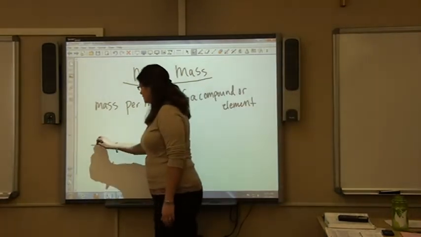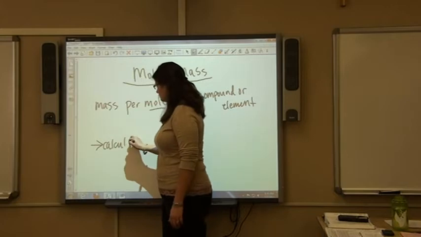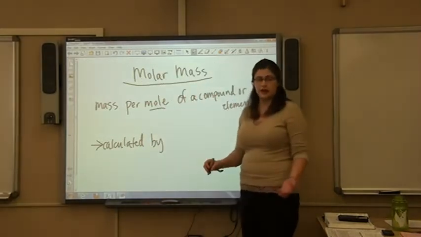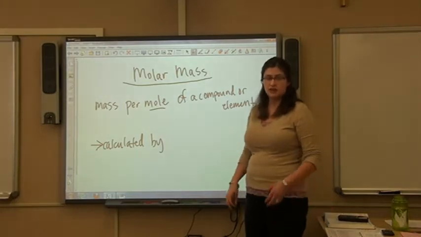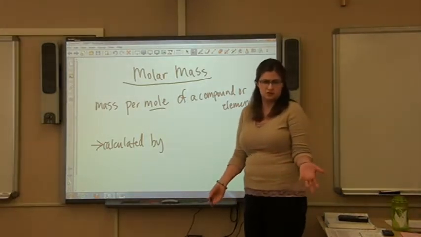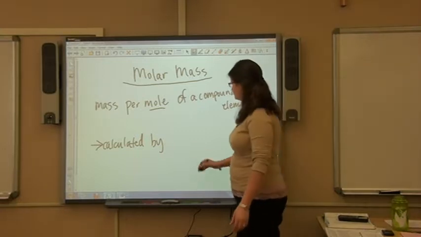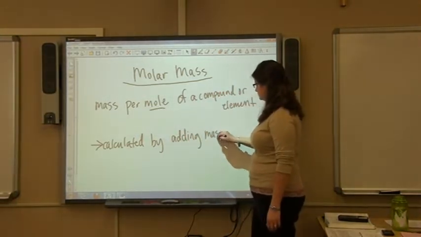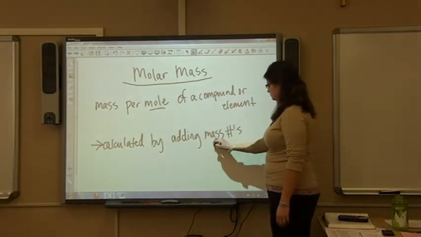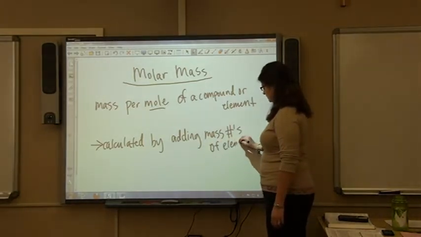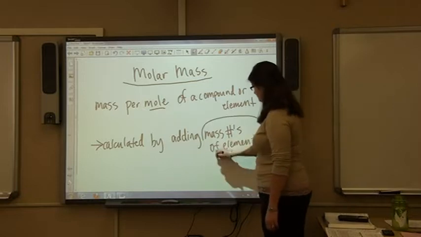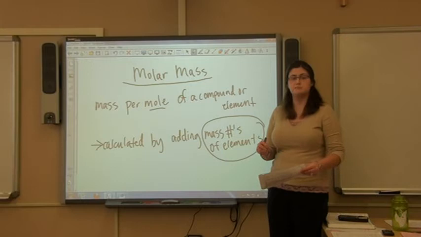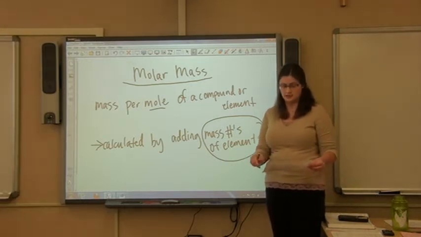And the way it's calculated is by looking at the mass number on your periodic tables and adding those things up for each individual element in the compound. So the main thing that we're going to be doing is looking at the mass numbers on our periodic table.